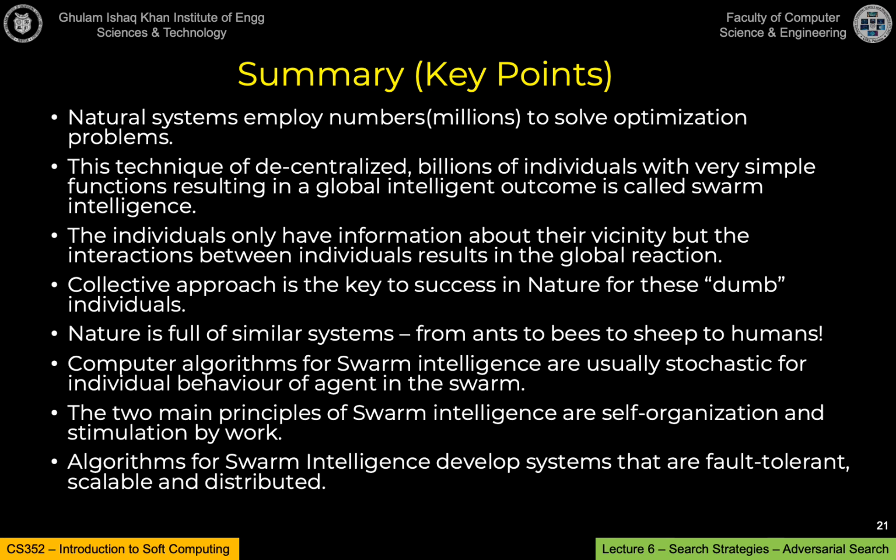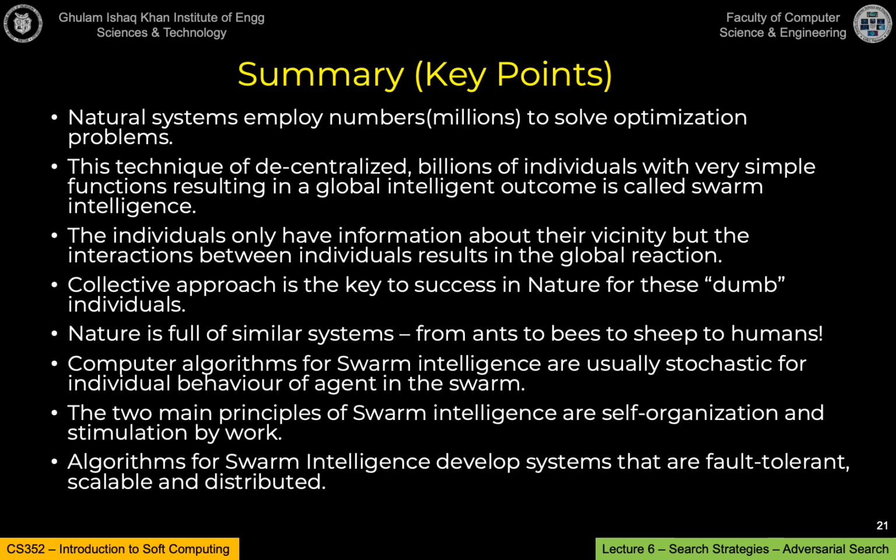After we saw that, we moved on to define the topic, and we also discussed different natural systems where we observe these coordinations between different organisms. The main thing is that in all of these, the individual organisms are really dumb.